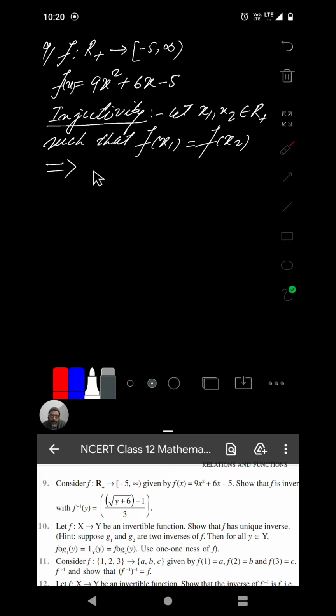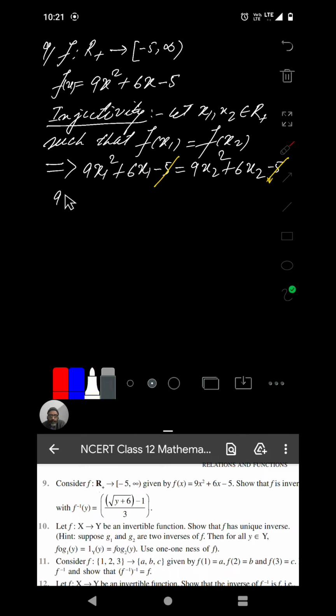It implies that 9x1 square plus 6x1 minus 5 is equal to 9x2 square plus 6x2 minus 5. Minus 5 from the right hand side and left hand side cancel each other.